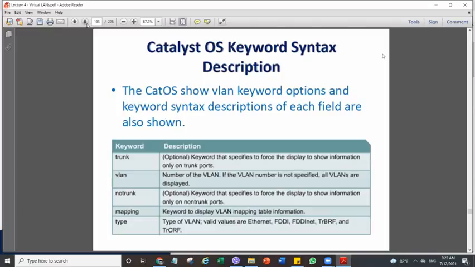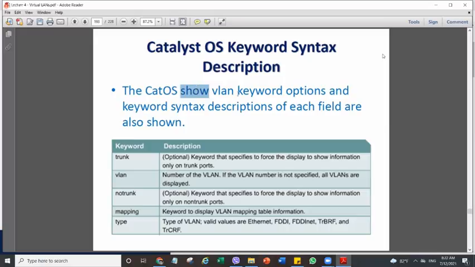So, Catalyst OS keyword syntax descriptions. Any device has some sort of operating system, otherwise it is just hardware. With the operating system, on top of a small firmware, so it is not a fully hardware-controlled device.